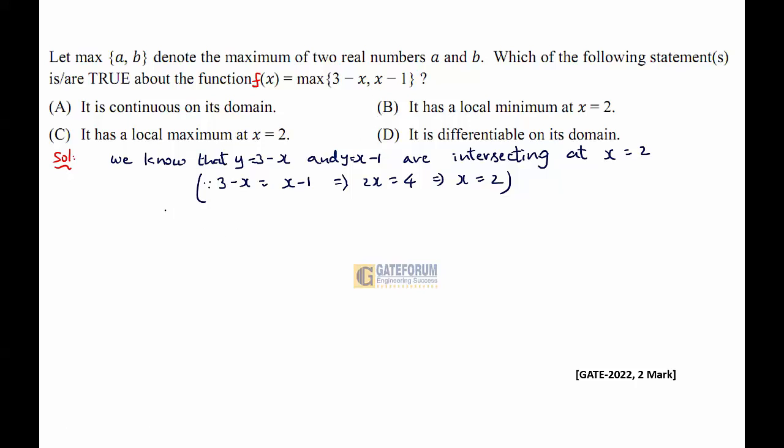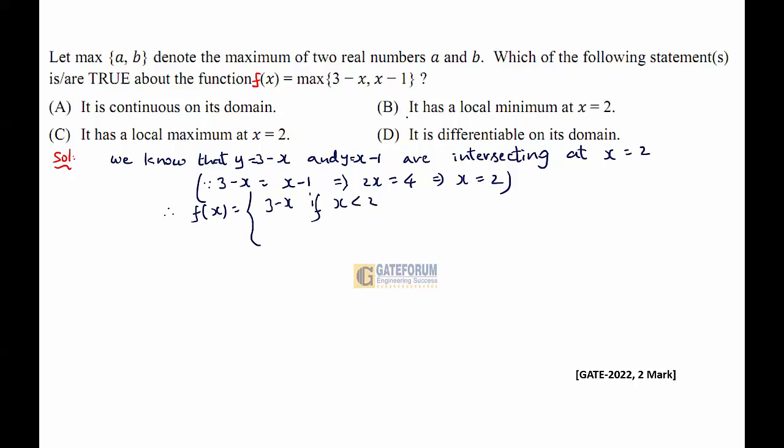So therefore, f of x is equal to: if I take values of x less than 2, for example x equal to 1, substitute here: 3 minus x is 2, x minus 1 is 0. Maximum of 2 comma 0 means 2, that is 3 minus x. So this is equal to 3 minus x if x is less than 2.